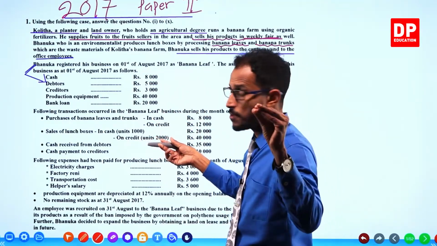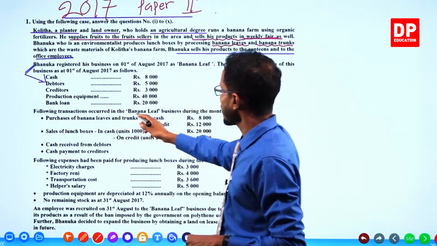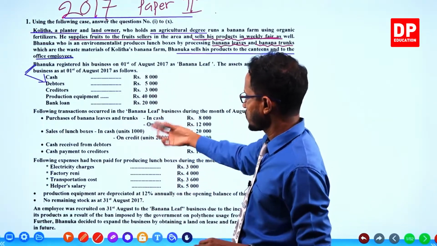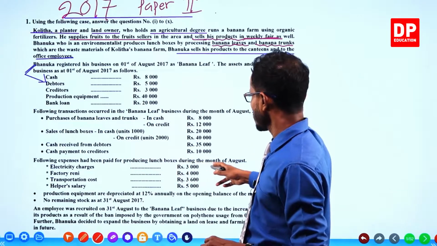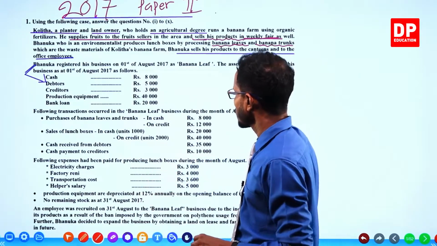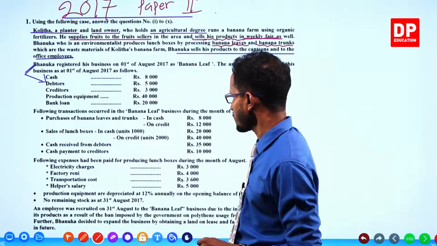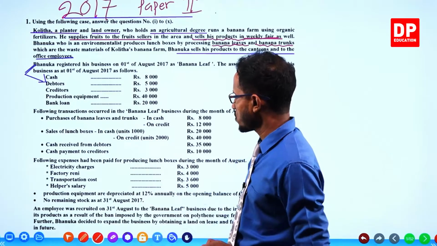Bhanuka Banana Leaf, okay? Transactions are given which happened in Banana Leaf. Expenses had been paid for producing lunch boxes during the month. Production cost. And depreciation also given.